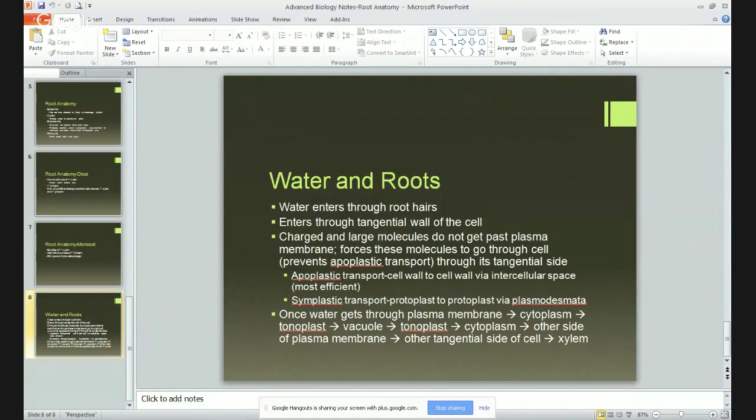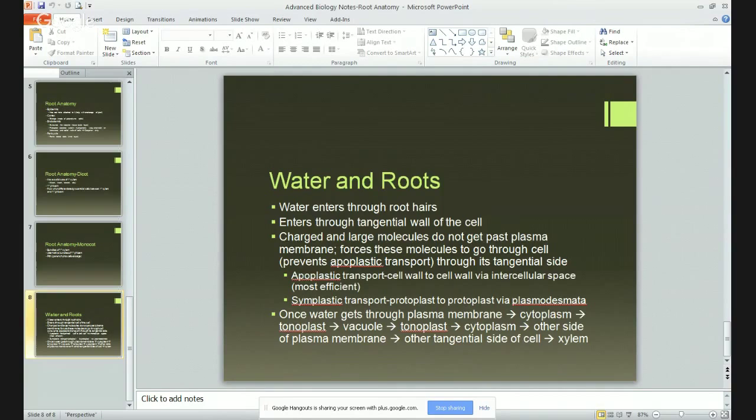Your very last picture that I've drawn shows you the two ways, because through symplastic transport, it's going to go through the cell and then through the plasmodesmata between them.